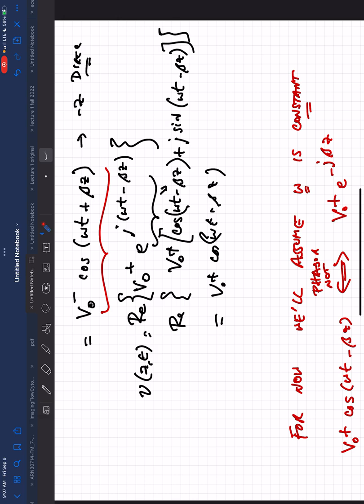So I'm just going to worry about V0 plus e to the minus j beta z. That's what the phasor notation is saying. Don't blame me, guys. That's what they do. It just seems like a lot of steps, but I can't help it.